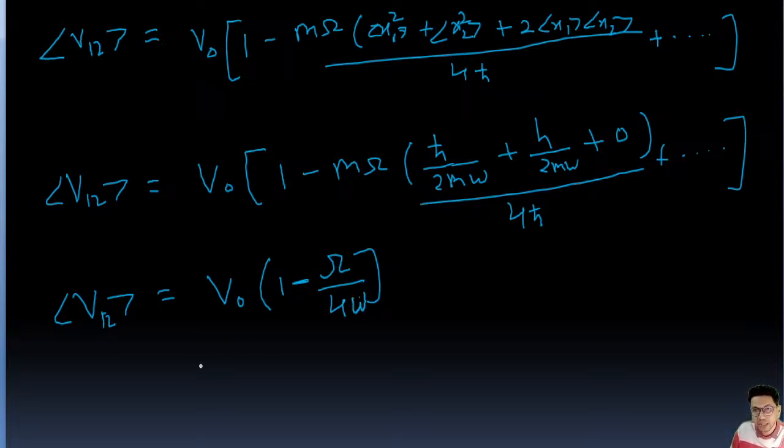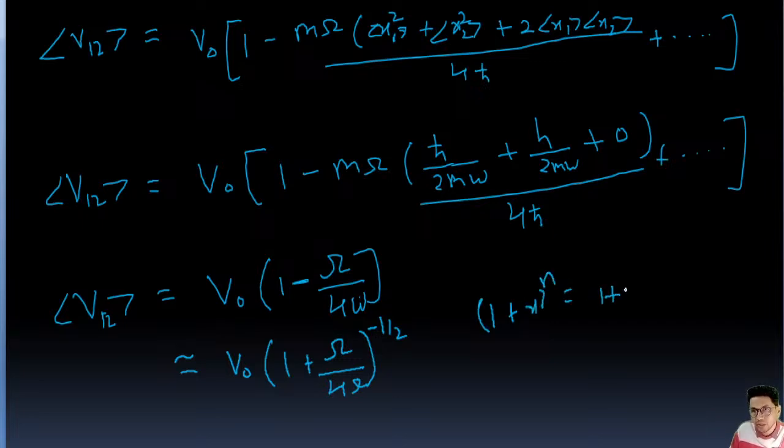Okay, and we can write this like this as well. We have ignored higher terms, okay. We have just taken the first two terms only. So we can write this as well. This is also going to be almost equal to V naught into 1 plus omega upon 4 omega to the power minus half, right? Because we know 1 plus x to the power n is 1 plus nx, right?